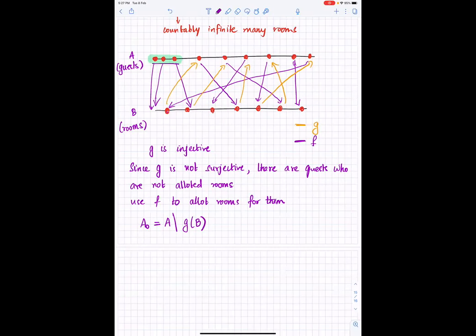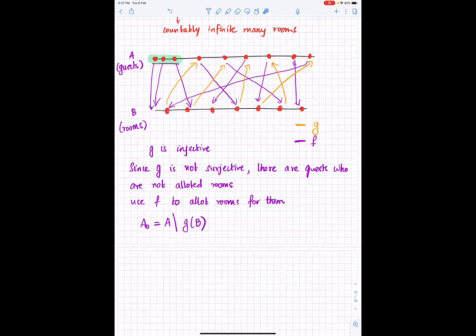B is the set of rooms, and you know that there is a function g that maps rooms to guests, right? Because this function is not surjective, you know that there are some guests who are not allotted rooms. So by g, there is no yellow line here. So you have to allot a room to these guests to ensure that there is a bijective function, right?